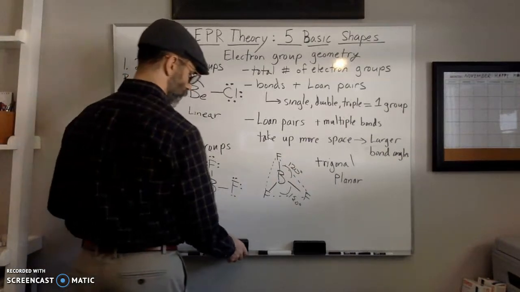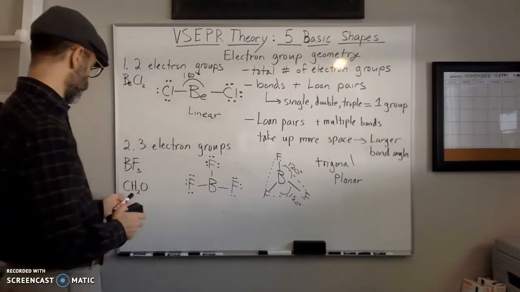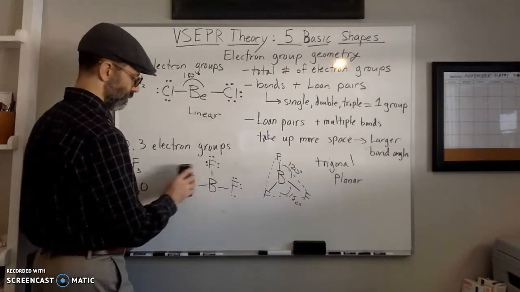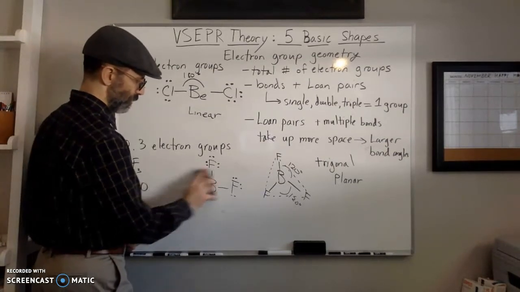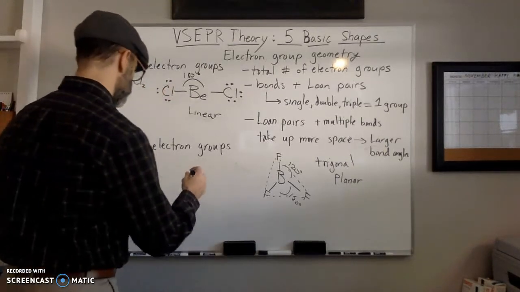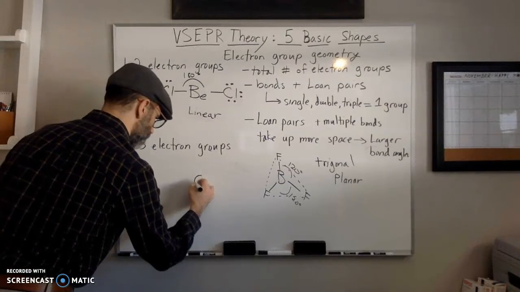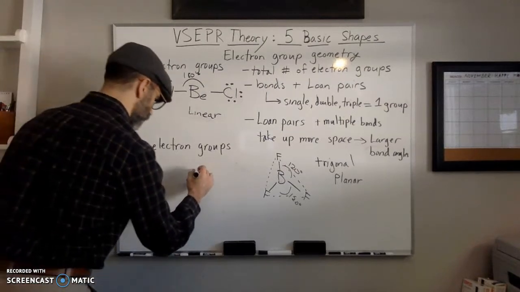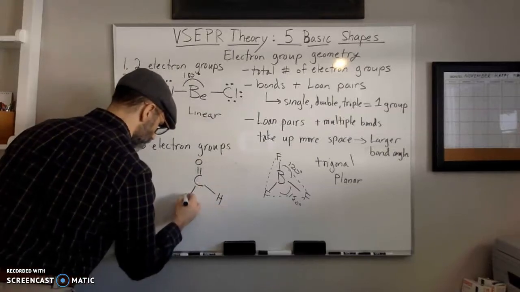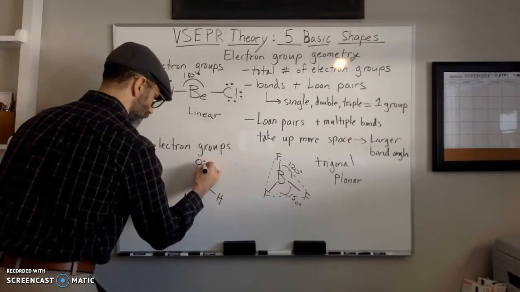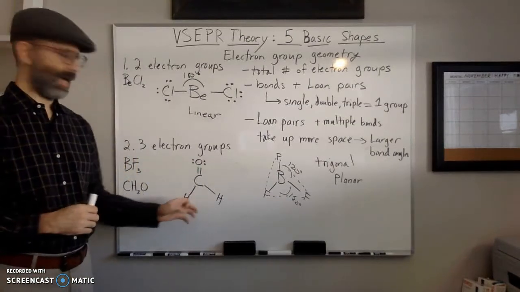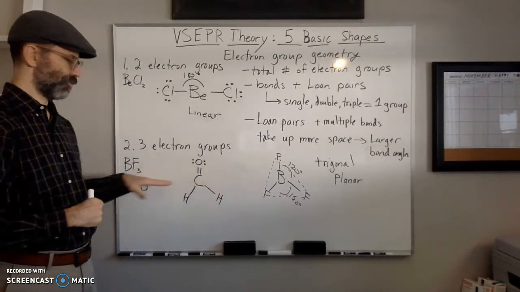Okay, what if you have another molecule? If we do CH2O, let me erase this. Here is my carbon, and the Lewis dot structure for this is going to be this right here. Again, I could have drawn the H's straight across.